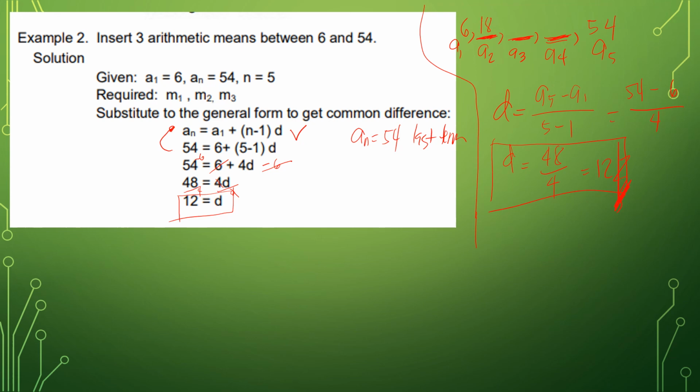Then, to get the next term, we also add 12. 18 plus 12 is equal to 30. Plus 12 again is equal to 42. Then, the next term is 54. So, the 3 arithmetic means between 6 and 54 are 18, 30, and 42.